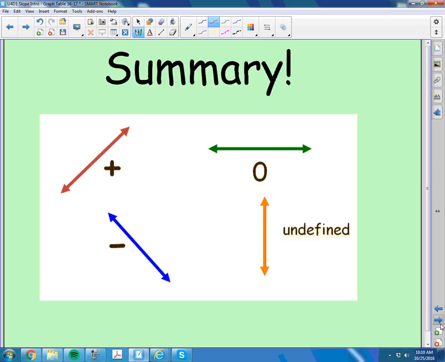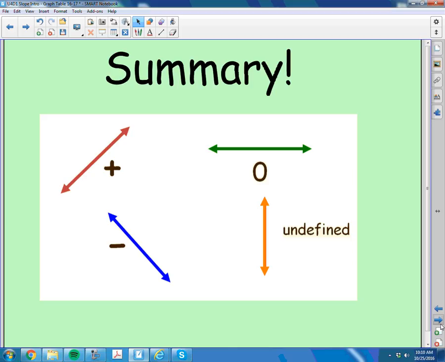All right. If you want to put it in your notes, you're welcome to. This is plus, this is minus, this is 0, this is undefined. There are some who get a little bit confused when it's written as a fraction as to whether it's undefined or 0.